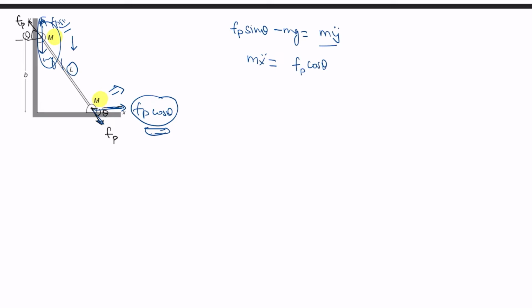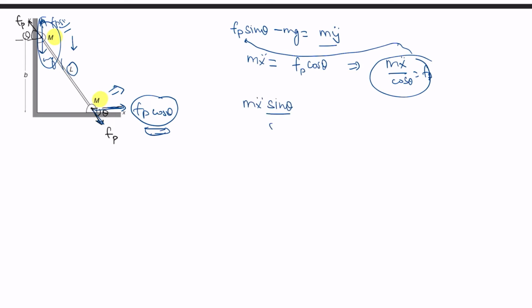So this implies that m x double dot upon cos theta equals Fp, and I will put this here. So it will be m x double dot sine theta upon cos theta minus mg equals m y double dot.